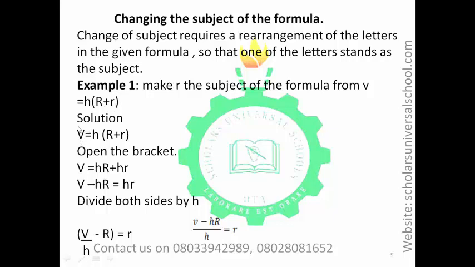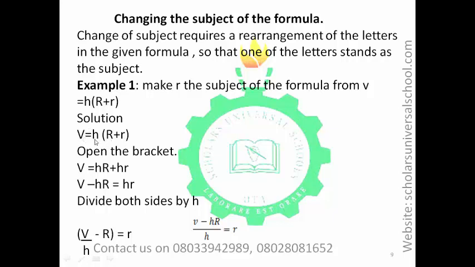Now, here is the equation that they want us to solve to make this R the subject of the formula. We don't want V to be the class rep anymore. We want R to be leading. So we'll try as much as possible to see how we can bring R to stand alone.